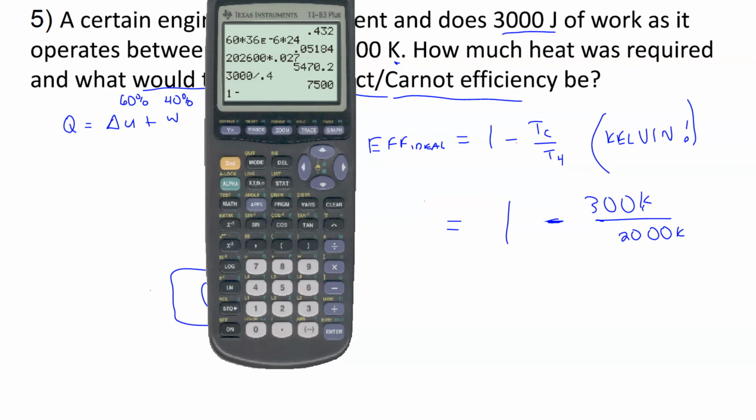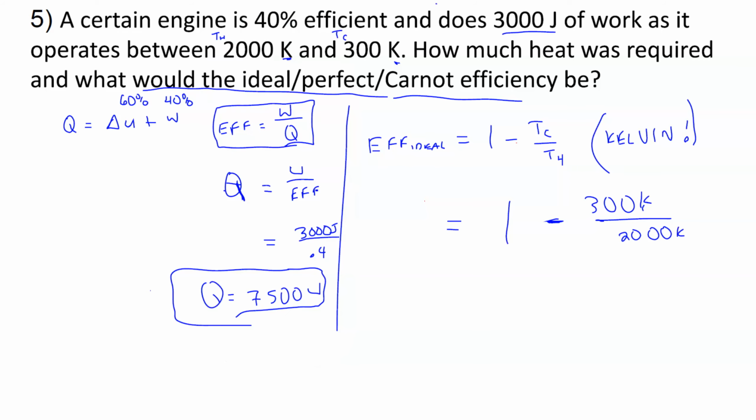And 1 minus 300 divided by 2000 is, what messed up? Oh, yeah. That would do it, wouldn't it? I got 2 subtractions. Trying to do it on the keyboard instead of, there we go, 0.85. Okay, 0.85 is a decimal.